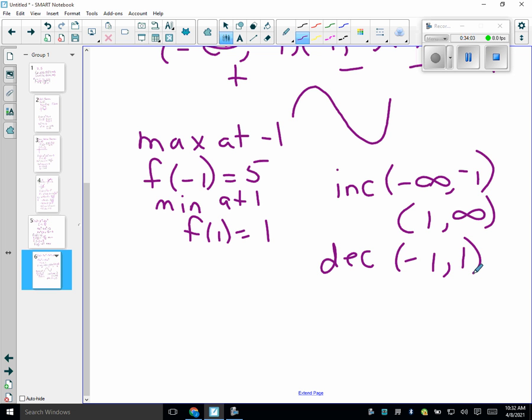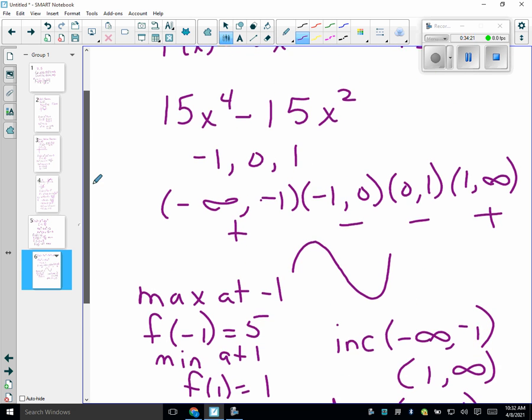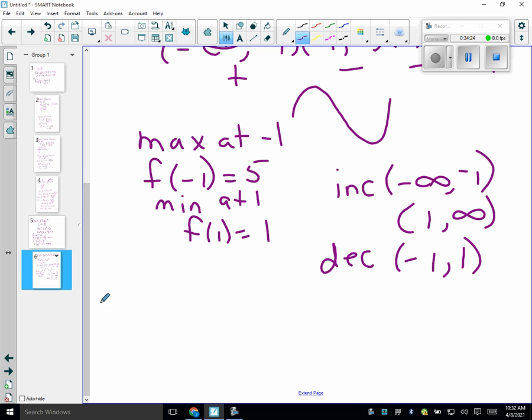Now, what if I wanted to find where it was concave up or concave down? Don't I do the same thing with the second derivative? So what's the second derivative? Once again, where are my zeros?